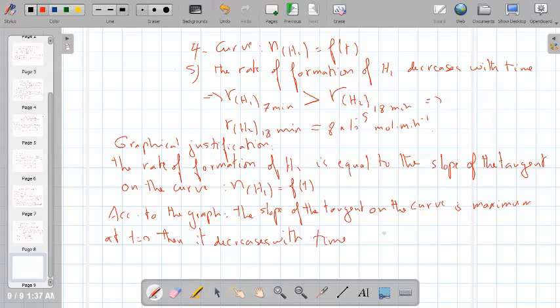Then the same variation of the slope is the variation of the rate.